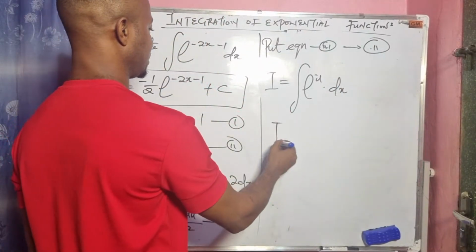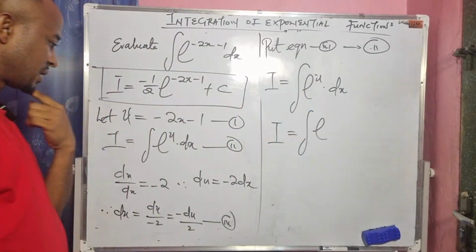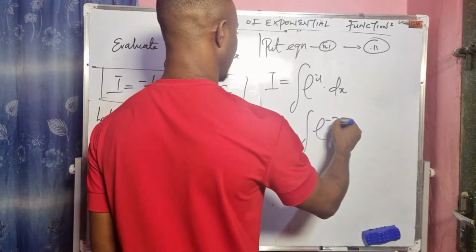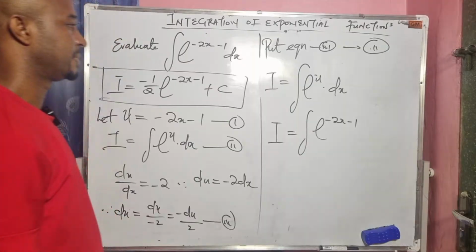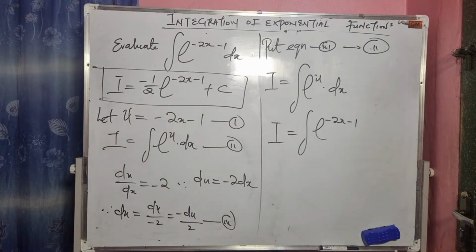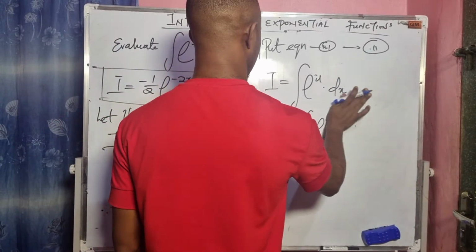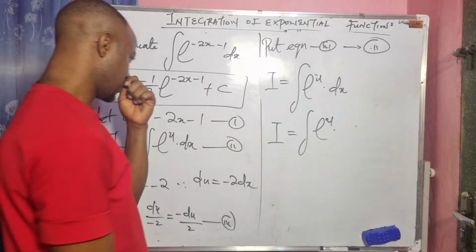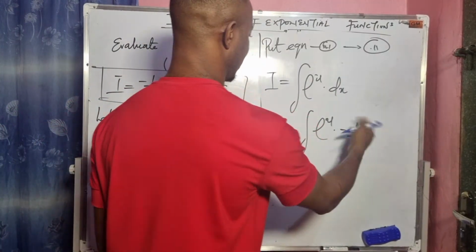And that will give us our integral equals exponential, our u is minus 2x minus 1. That's our u. Our dx is minus du over 2, which can be factorized.